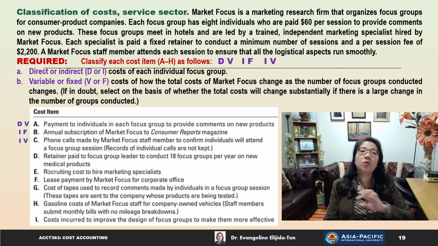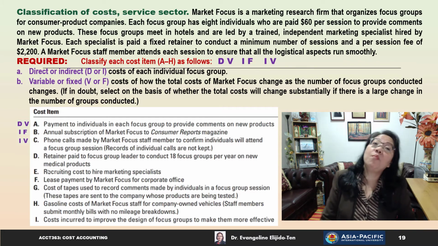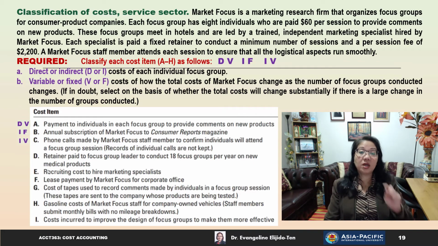However, if your phone bill is paid on a monthly basis and it doesn't vary according to the number of minutes or calls, then it could be a fixed cost. So it depends on the company's phone plan. So we are assuming here that the company is paying the phone bill according to the number of calls or number of minutes per call.